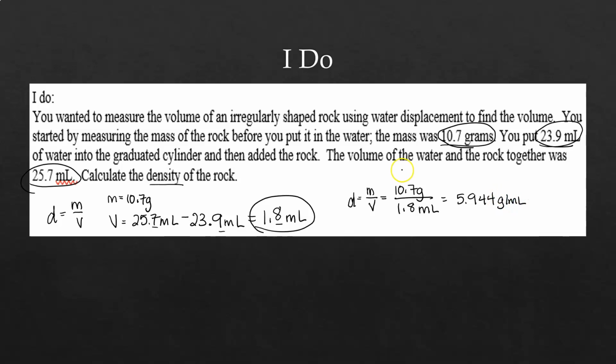Looking back at sig figs, since it's division, we look at total, so 3 and 2. We're going to keep 2 sig figs, so 9, and the 4 says to round down and keep it at 9. So 5.9 grams per milliliter would be our final answer.